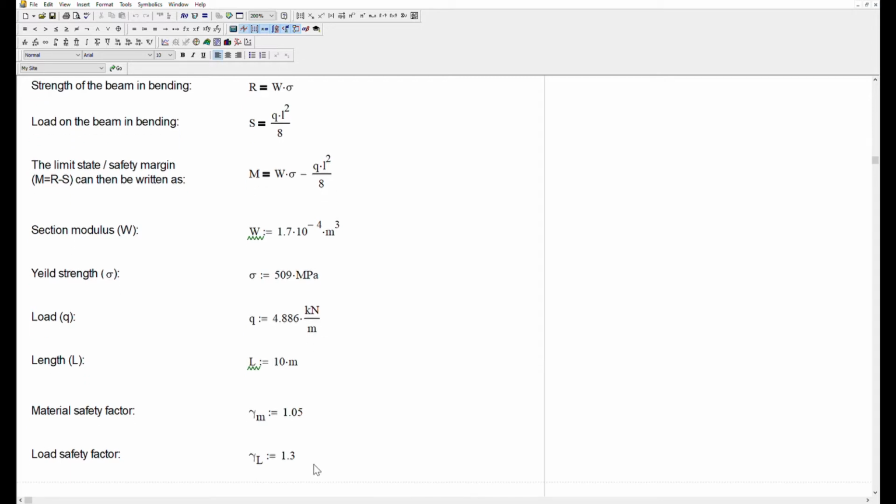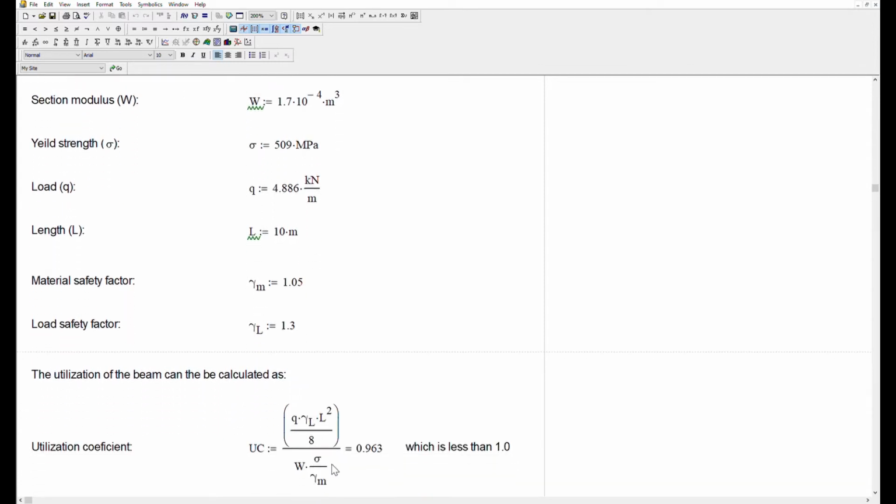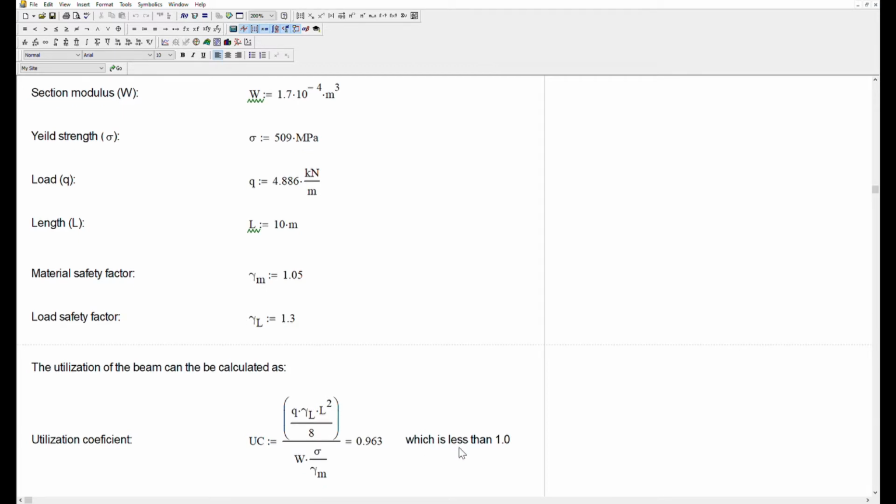The utilization of the beam can then be calculated as load divided by the strength, and if the UC, or utilization coefficient, is less than 1.0, that indicates that it's sufficiently safe. And note that we here have included the safety factors for load and the safety factor for the material.